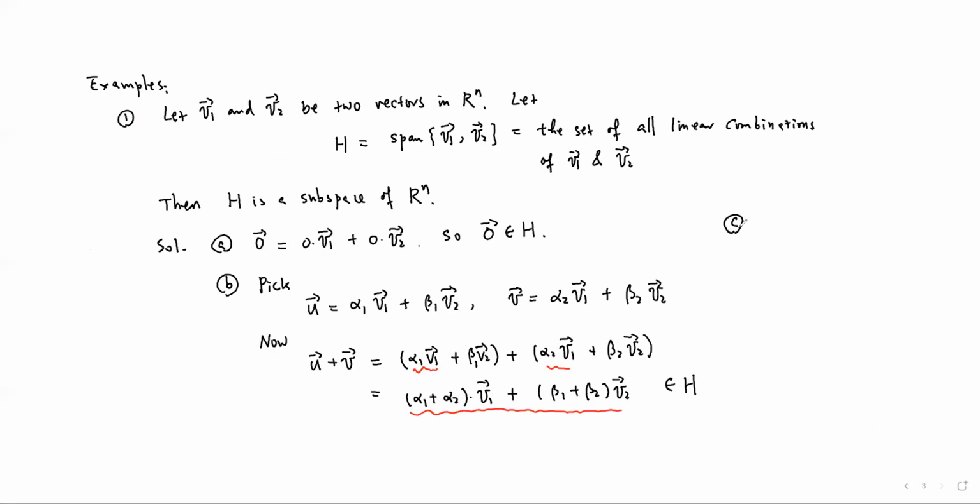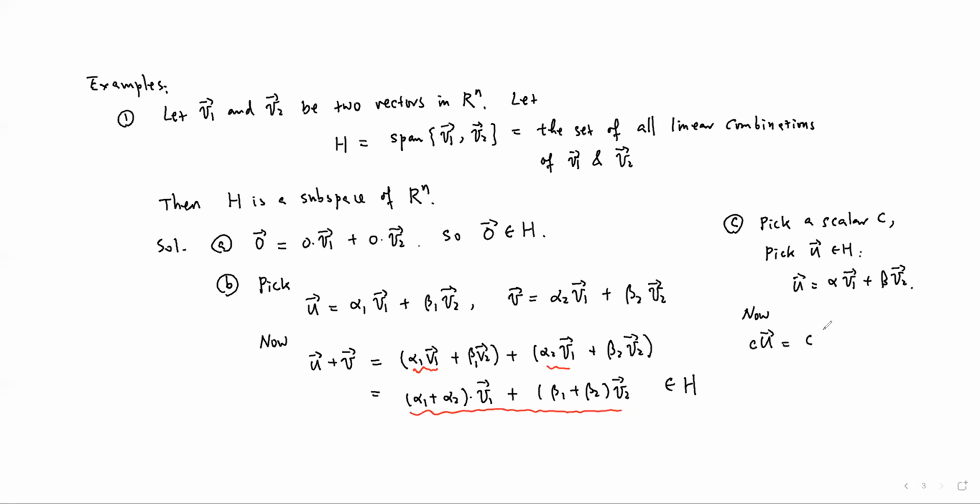Pick a scalar C and pick a vector from H. Say the vector is a linear combination, alpha V1 plus beta V2. Now I compute C times this vector.